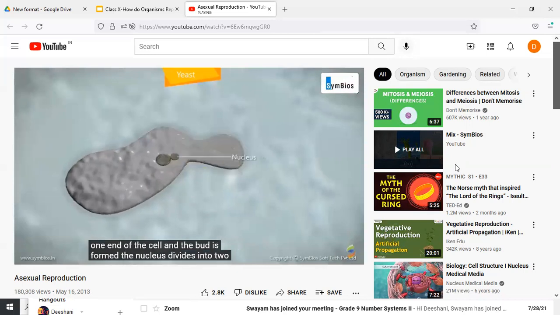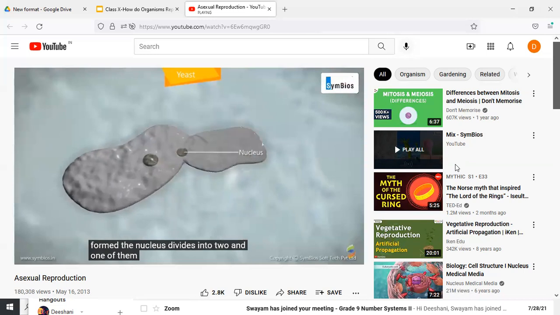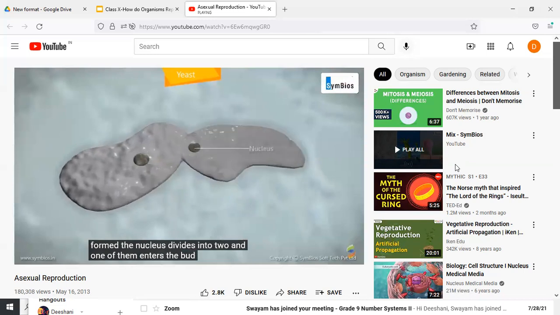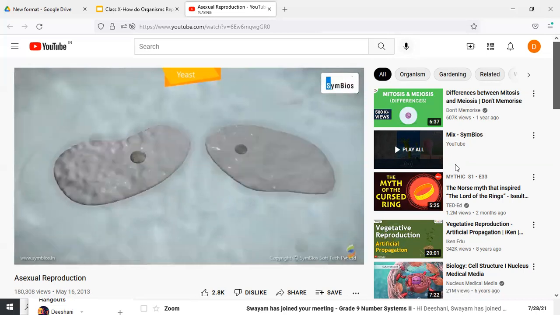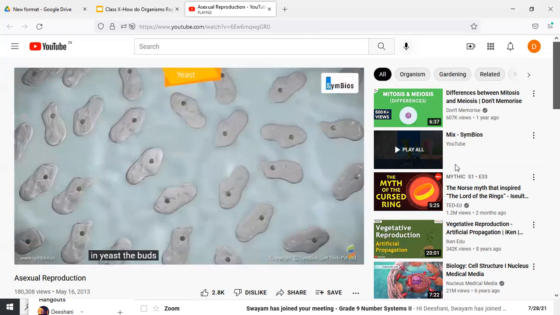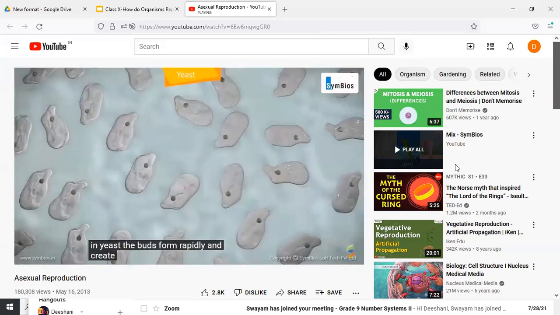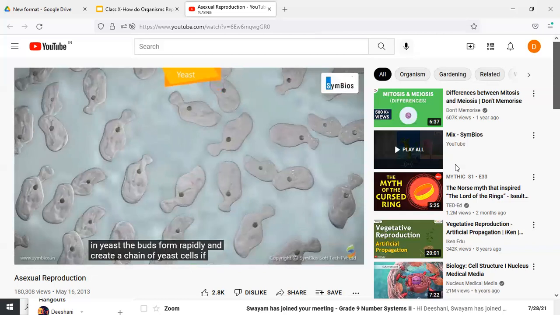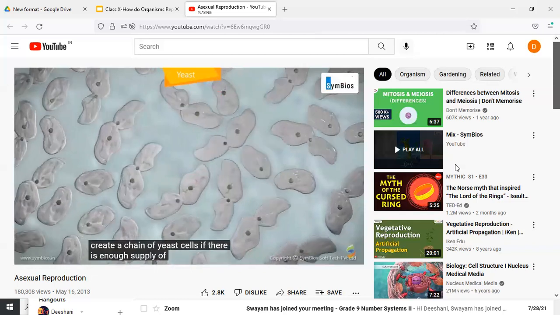The nucleus divides into two and one of them enters the bud.